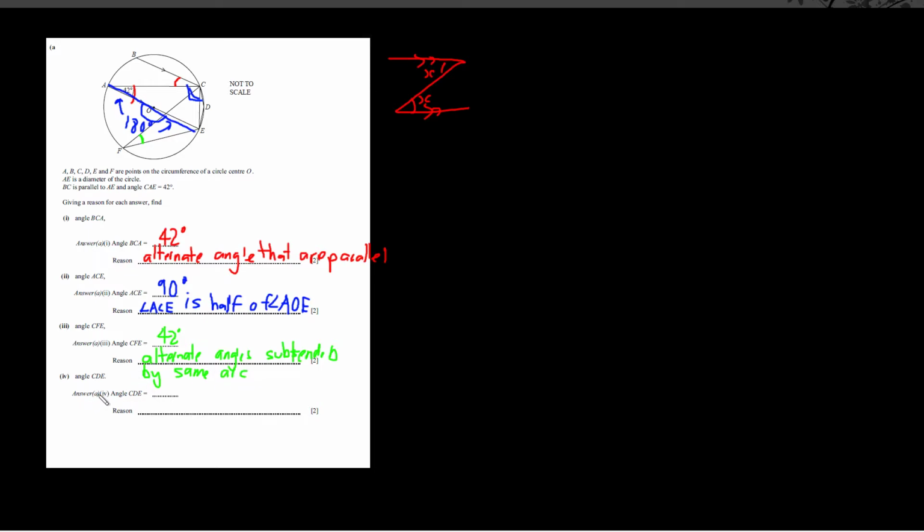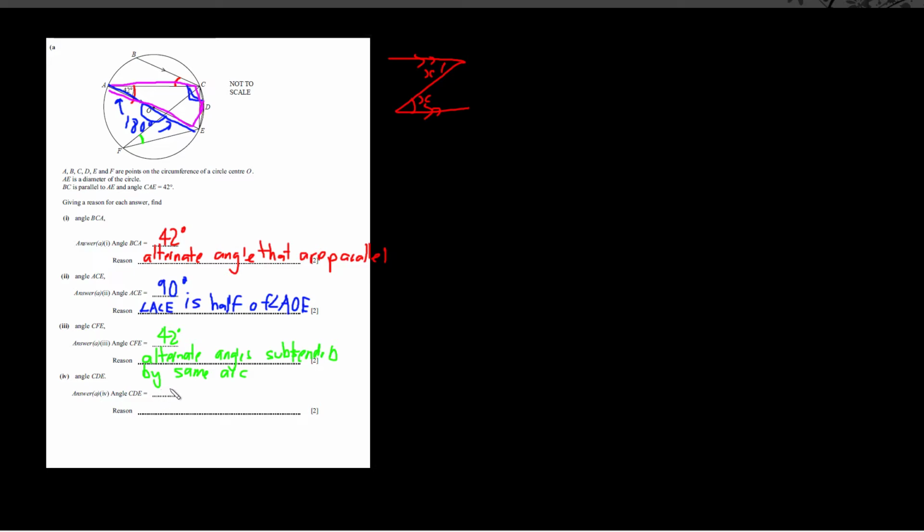Okay, now last one would be angle CDE. C, D and E, we're looking for this angle here. Now look at this. If you were to look at this polygon, this would have to apply your cyclic quadrilateral rule. Cyclic quadrilateral rule states that two opposite angles will add up to 180.